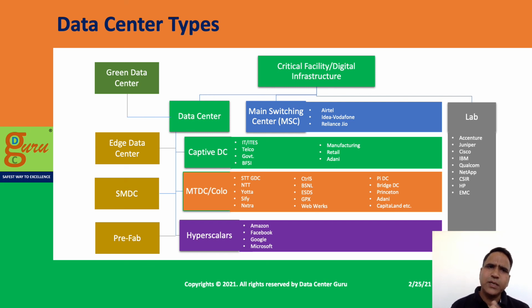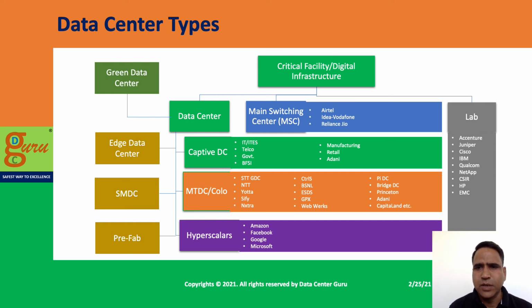Now coming back to how modular data centers are classified. Recently we are talking a lot about edge data centers, and the demand for edge data centers is going to take off very soon, maybe in 2-3 years, once 5G rollout happens and AI and IoT adoption increases fast.